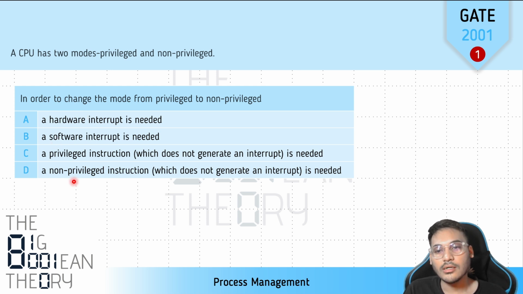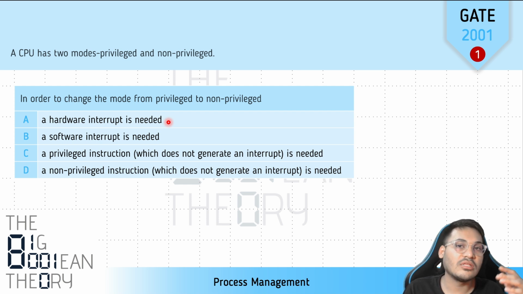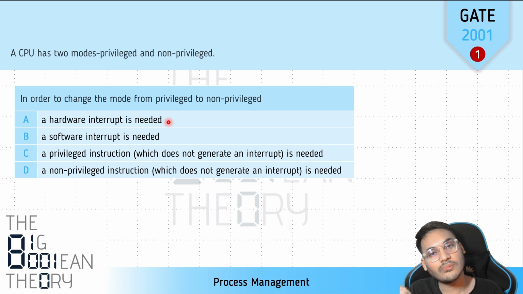The first thing that you should observe is that for the first two options, a hardware interrupt is needed and a software interrupt is needed, both actually do the other way around. If you recall the definition of an interrupt, it is basically a signal which can come either from the hardware or from the software.